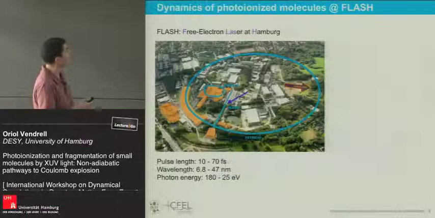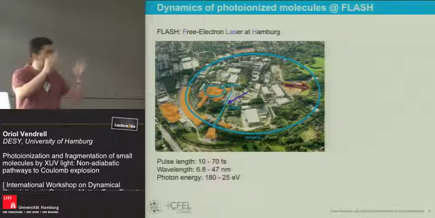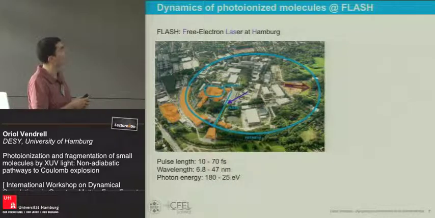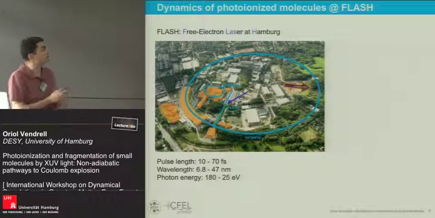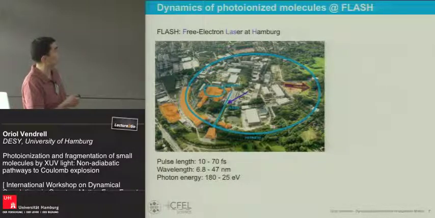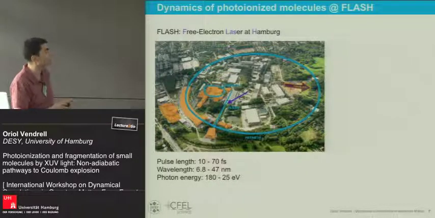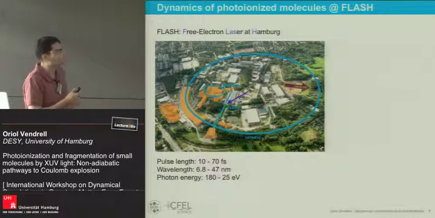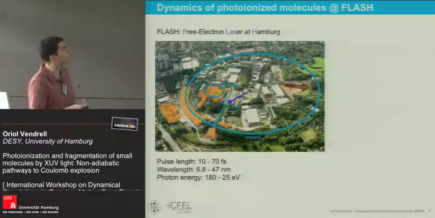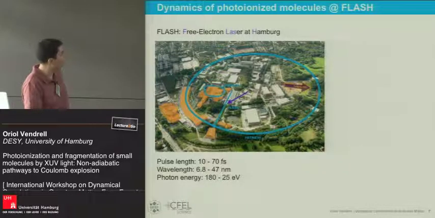Okay, so now that I have given a little bit of the theoretical background of what we are doing, let me just show again this picture that was shown this morning in the talk of Joachim Ulrich. The calculations that we do are motivated by experiments done at FLASH, and FLASH is this linear FEL, which has these operation parameters.